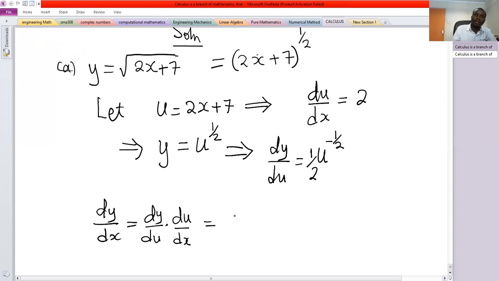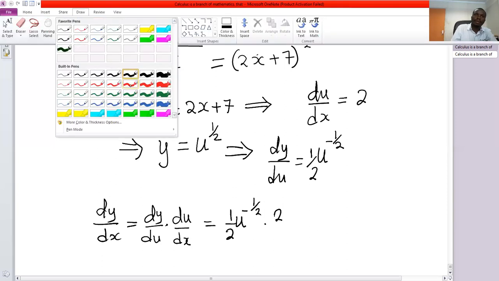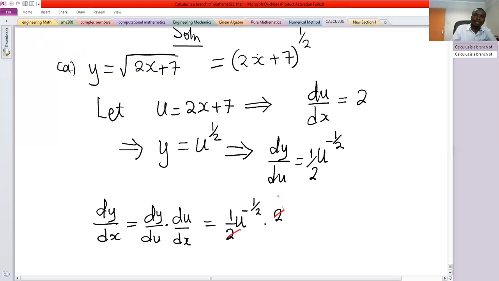So dy du is a half u raised power negative a half, and then du dx is 2. So 2 and 2 cancel out, so that we have u raised power minus a half.